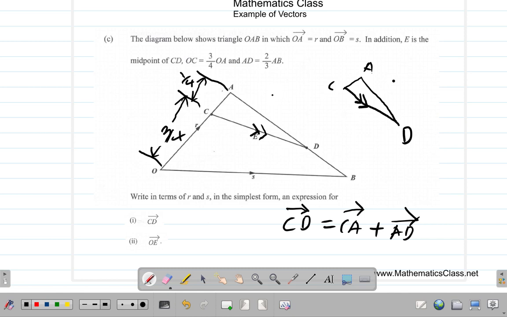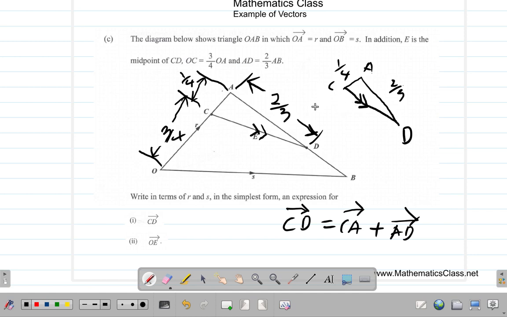You see, this is 2/3 of the way. Now, here we see that from C to A is 1/4 of a journey. Then from A to D is 2/3 of another journey.